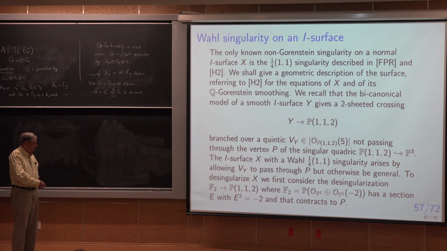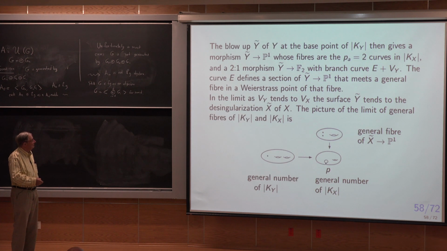And one can describe how you desingularize the thing. So blow up at a base point, gives you a morphism, and so on. This is sort of a picture of what happens when you take the general member of it.